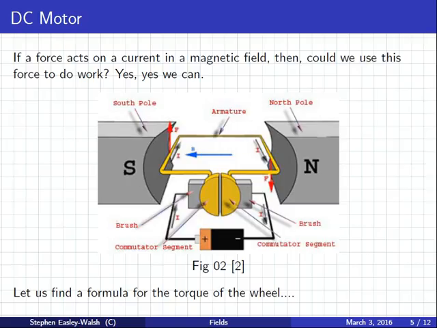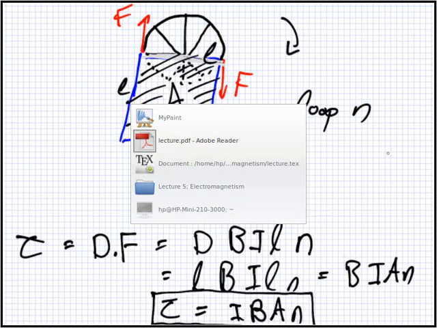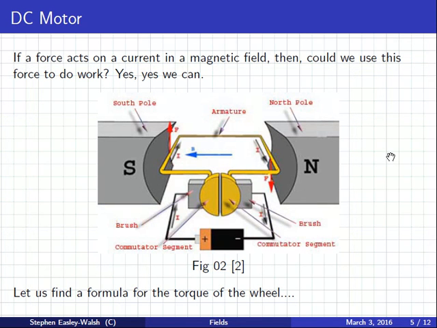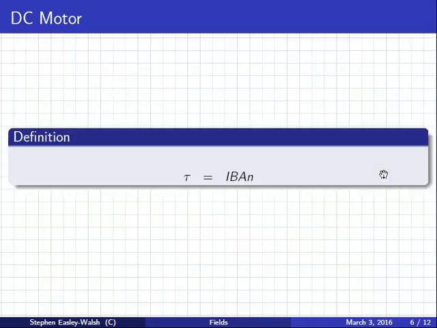It looks more like a square in that picture. Can I continue? Right, so you can go back to the slides here. There we go. IBAN, which we have.